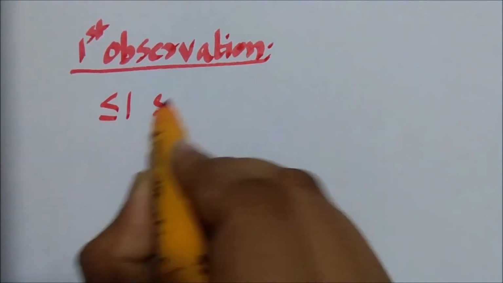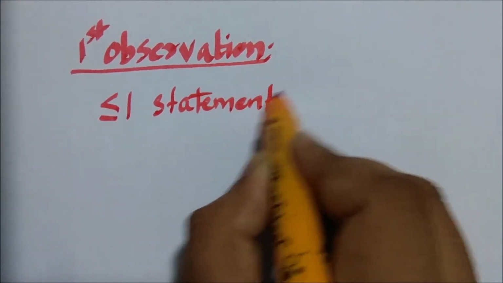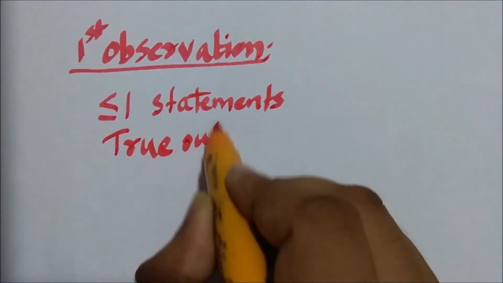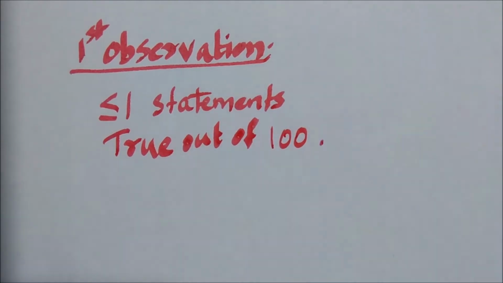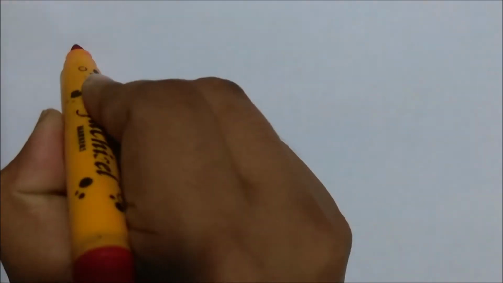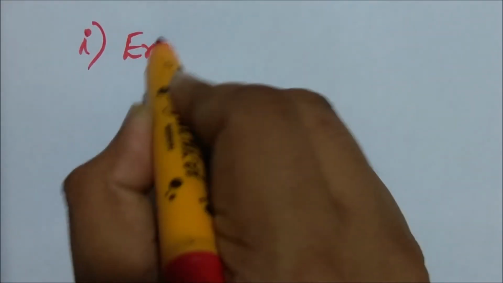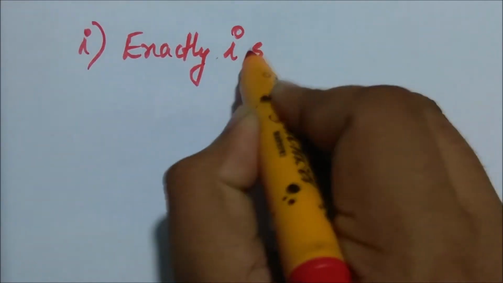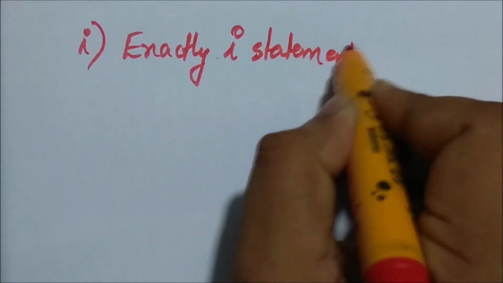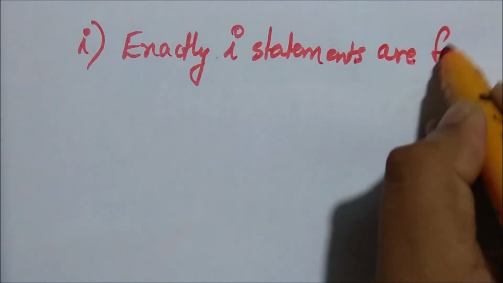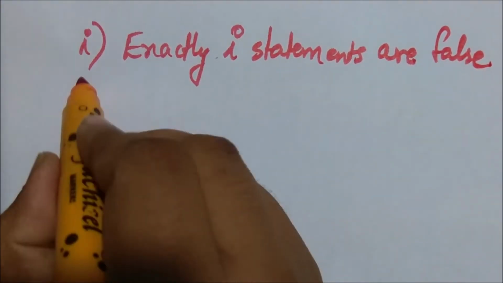Our initial observation will be that at most one statement is going to be true. Not more than one statement among these 100 statements will be true. If more than one statement is true, let's see what is going to happen. Suppose the ith statement and the jth statement happen to be true.